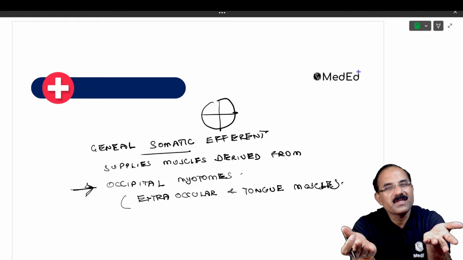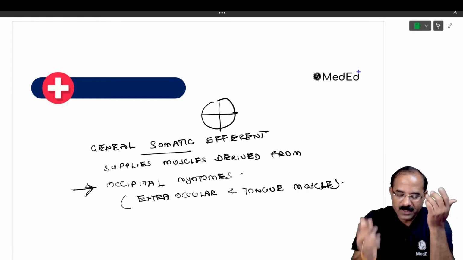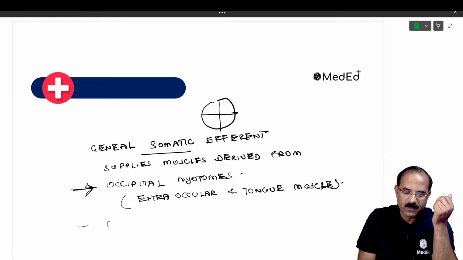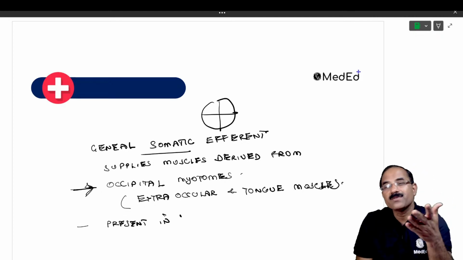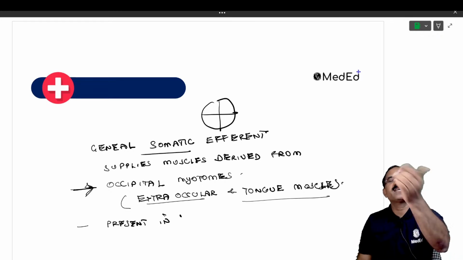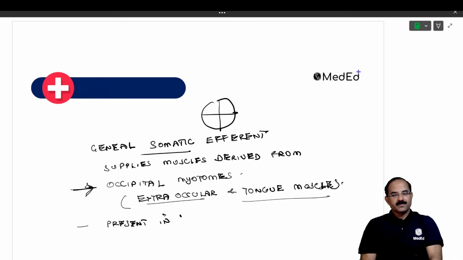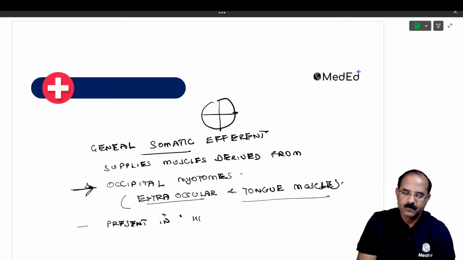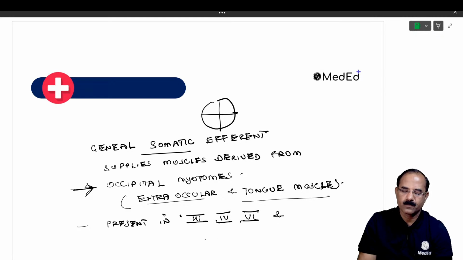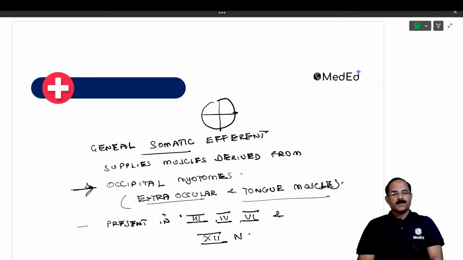So my dear children, if you have understood this, tell me this component would be present in which nerves? Present in the nerves which supply the extraocular and tongue muscles. Which nerves will these be?